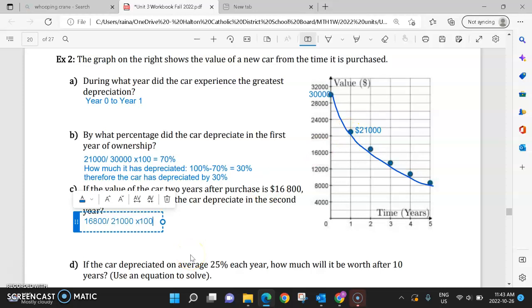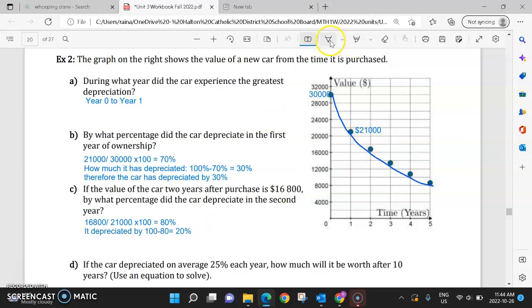And then again, you want to multiply by 100 to get your percentage number. So we're going to do 16,800 divided by 21,000 times 100. That's 80%. So 16,800 is 80% of 21,000. So it depreciated by how much? 100 minus 80, which is equal to 20%. So in the second year, it drops down by 20%.